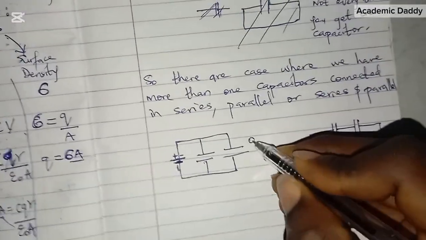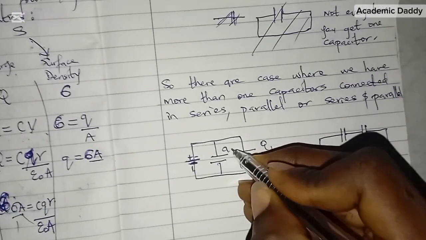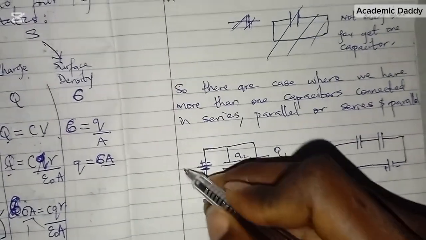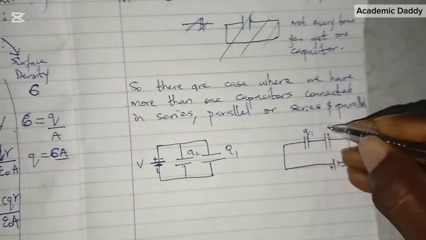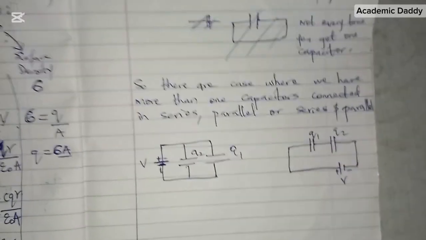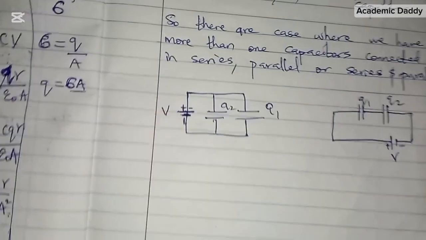And notice something. If this is Q1 and this is Q2 and this is the voltage, notice what has happened here.